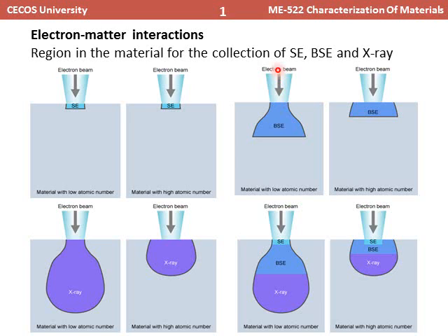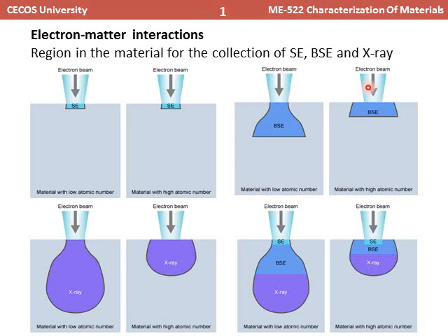So if the high energy electron beam hits this sample, and the sample is comprised of low atomic number atoms, then the depth of penetration is much more in case of backscattered electrons, and these high energy electrons penetrate inside the sample and then are deflected back.